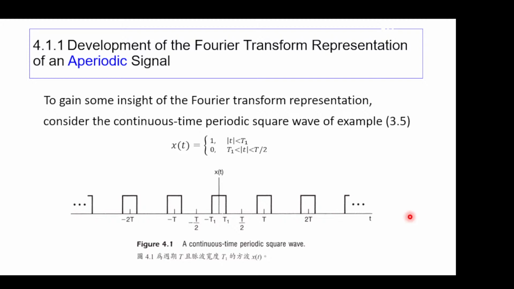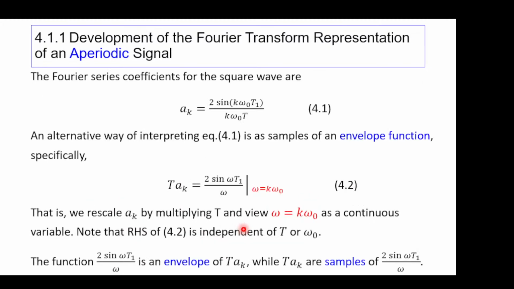If we take T to infinity, all those repeats get further and further away, and if you don't see the repeats, it's just one square, and it's aperiodic. Anyway, this is a periodic square wave, and we have seen its Fourier series coefficients.